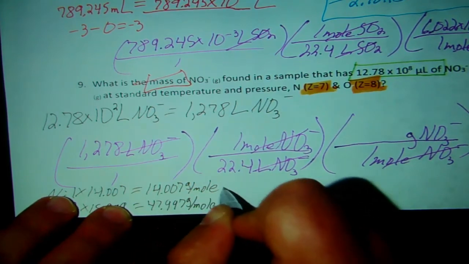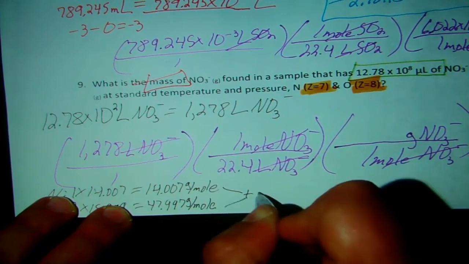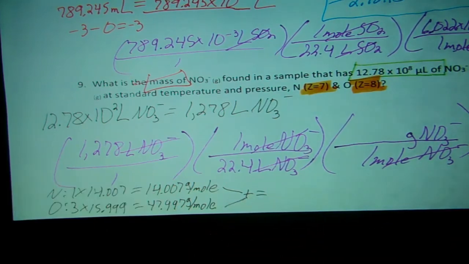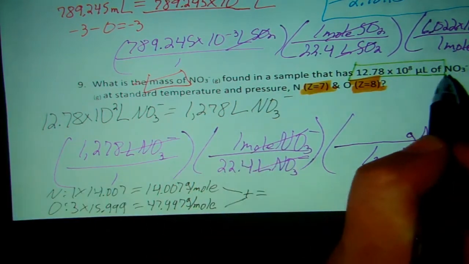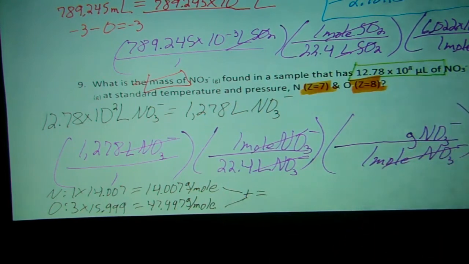And you will add these two together. Okay? Understand, nitrogen, there's not a 1 there, but since it's not written, you understand there's a 1. It's like in math class when there's X. You understand there's a 1 in front of it.